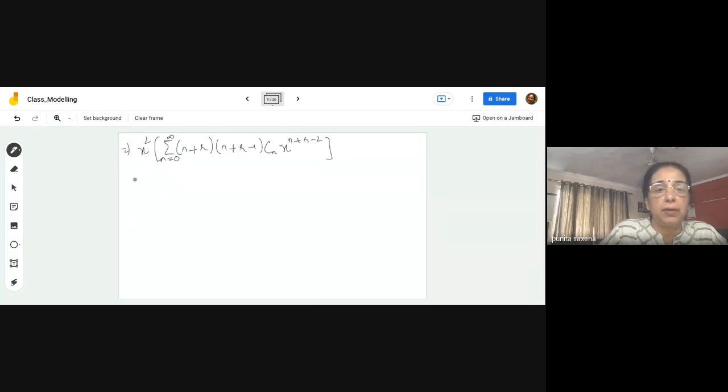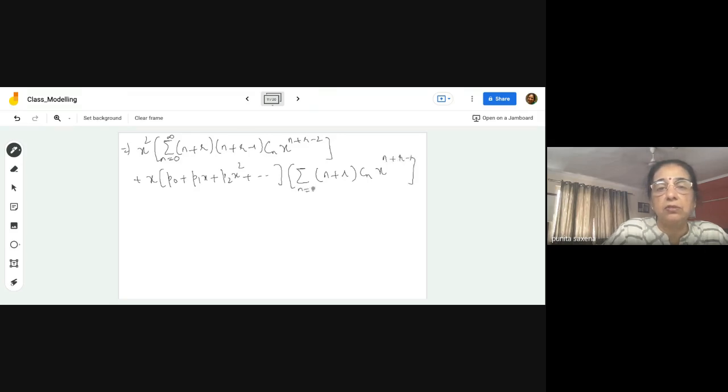Plus, the next term was x into p naught plus p1x plus p2x square and so on and so forth into summation n plus r cn x to the power n plus r minus 1, where n varies from 0 to infinity, plus q naught plus q1x plus q2x square and so on into summation cn x to the power n plus r, n from 0 to infinity, equal to 0.